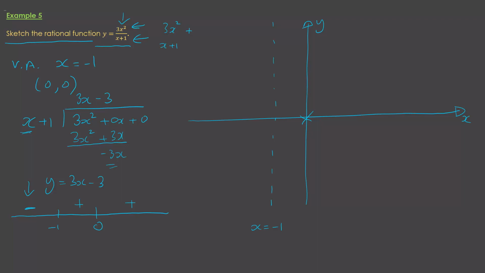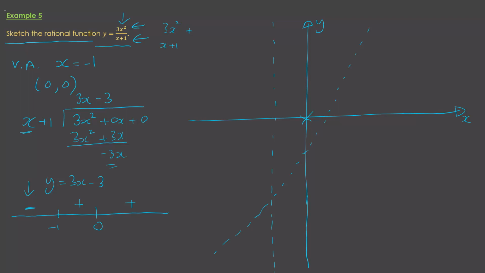We have an oblique asymptote, which is y equals 3x minus 3. So that's going to look something like this. Maybe we need to take our graph a bit further down there. So let's take this axis a bit further down.